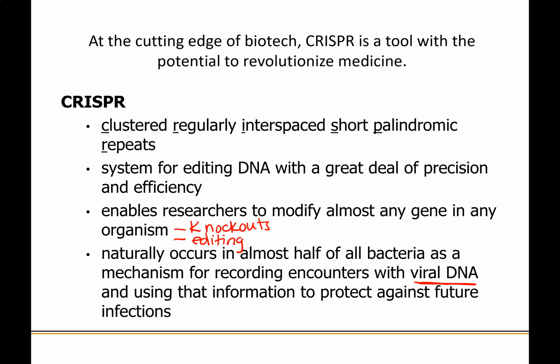It allows the bacteria to recognize more quickly that it is being invaded and attack it, just like your immune system. Your immune system has a memory. You are exposed to something like chickenpox or measles. Maybe it was via vaccine, maybe it was via actually having the disease, and your immune system remembers those diseases.